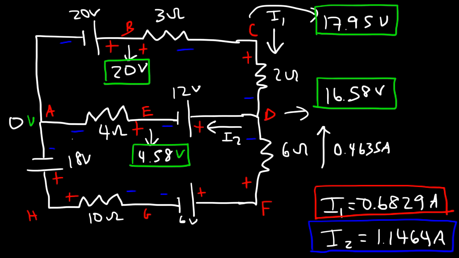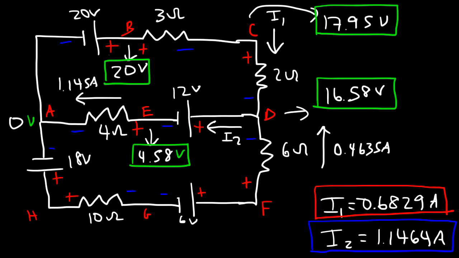Now we don't need to go to A because we already know the potential at A. So we have the potential difference between points E and A. So that's a voltage of 4.58 minus 0, which is 4.58 volts. If we take the voltage across the 4 ohm resistor and divide it by 4, that will give us the current flowing through the resistor. And so that current is 1.145 amps.